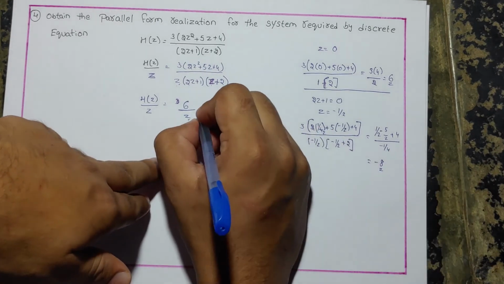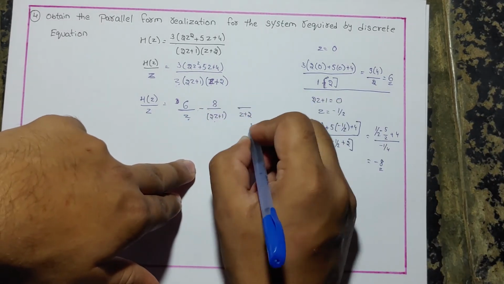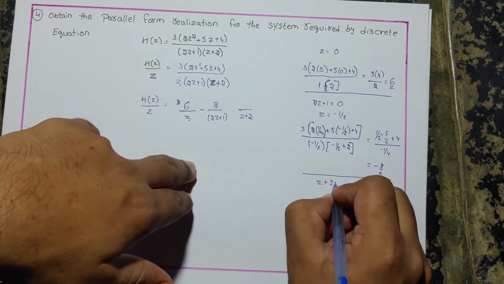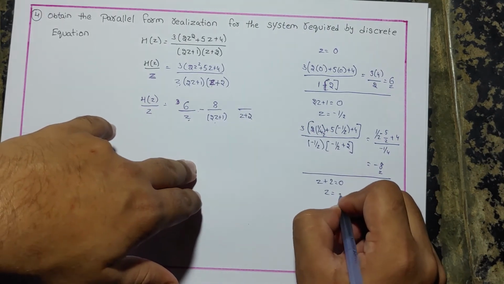Now let us equate here, minus 8 here, and now let us consider z plus 2 is equal to 0. We will end up with z is equal to minus 2.